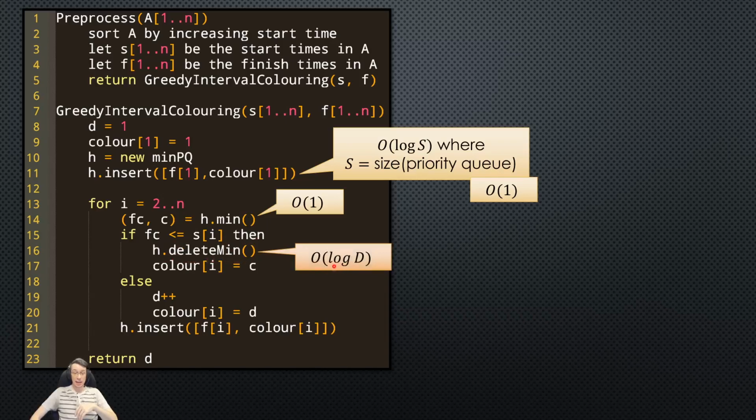Our delete min takes order log d, where of course the size of the priority queue will be however many colors it contains, which is at most d. So this is going to be order log d time to delete the min. And this is for a binary heap representation.